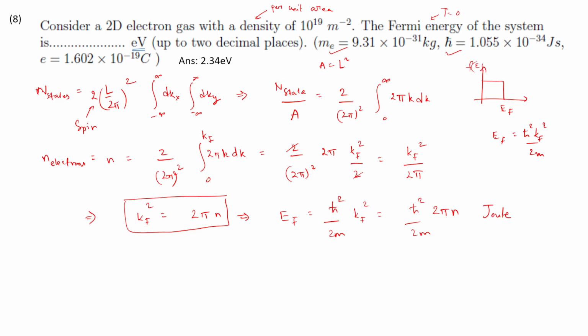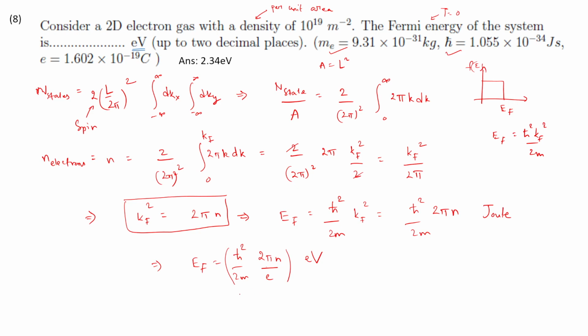But if you want to find it in electron volt, what you have to do? EF is equal to h bar square by 2m into 2 pi n, into electron volt by electron. Electron and volt are in SI units, so if you multiply with the electron charge, you have to divide by it. Here e is nothing but 1.602 into 10 to the power minus 19.